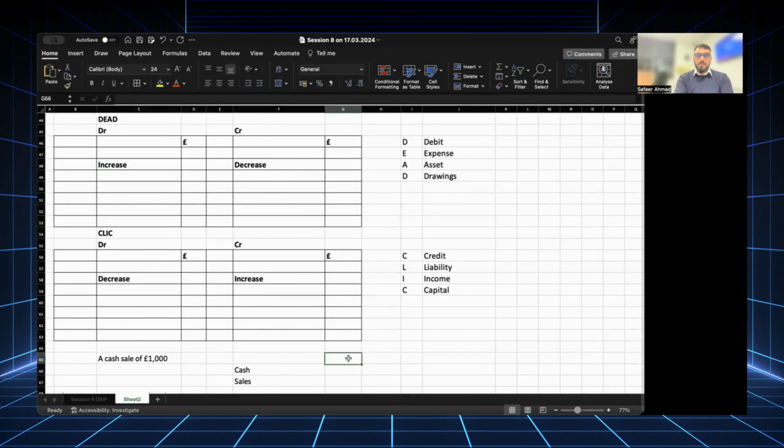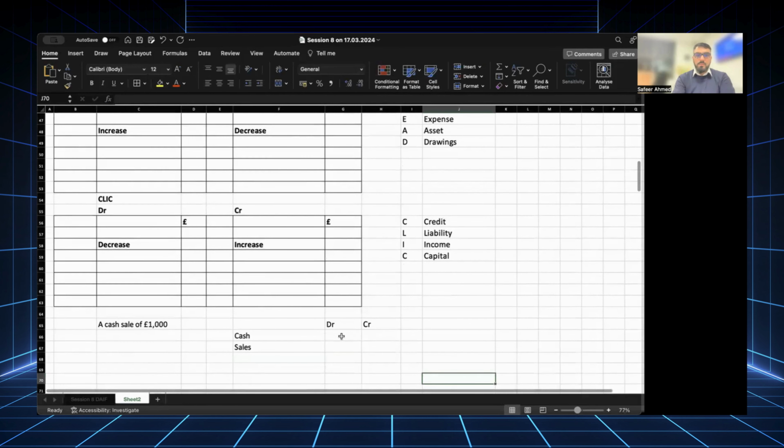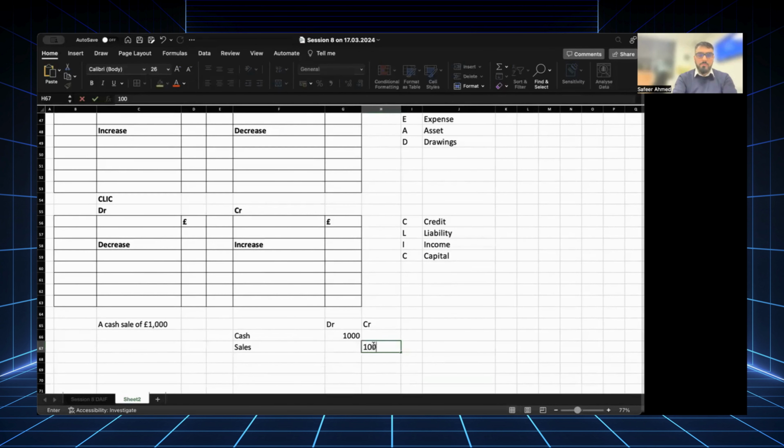So we know that cash will be debit. Why? Because the double entry bookkeeping rule says that an increase in asset is debit. On the other hand, the sales account is an income account. An increase in income, as you can see, will be credit, with the same amount.